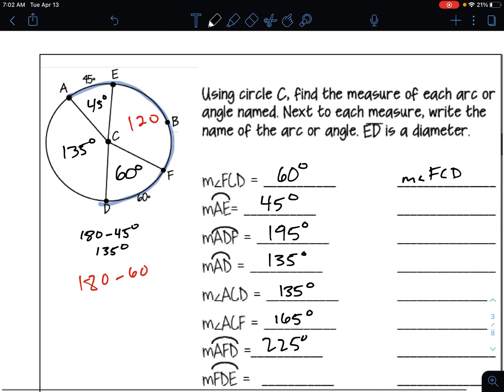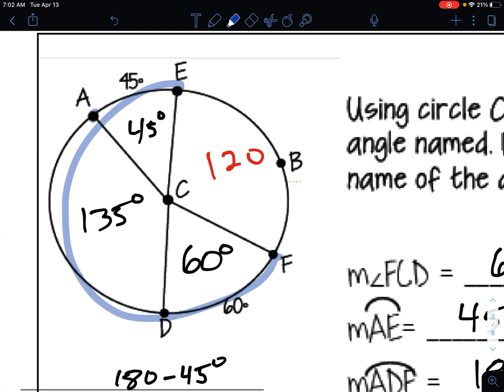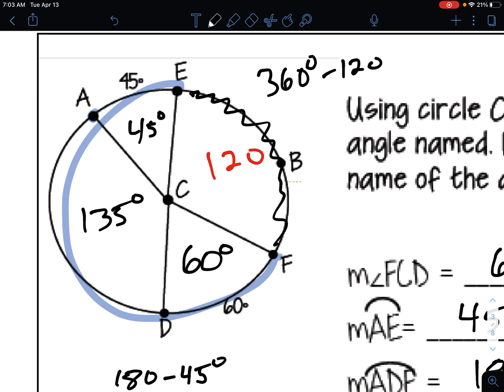And then FDE. F to D all the way to E. A couple ways to do this, all right? Think about it, right? You can add all the three parts together, or we know a full circle is 360 degrees, and I don't want this piece here, so I could just do 360 minus 120 to get 240.